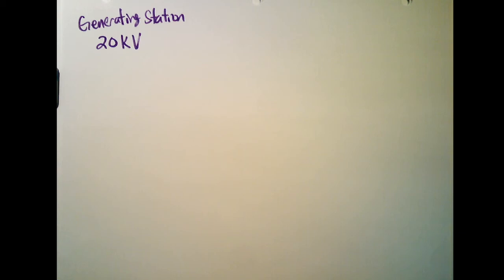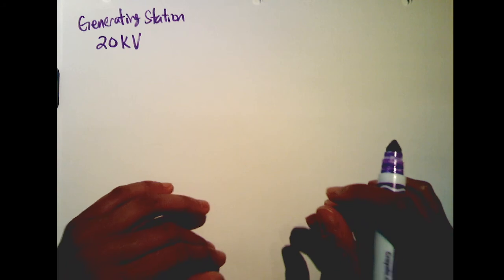And this is where the transformers come in. Okay, so this is how much voltage from your generating station. And what they've discovered is that if you actually increase the voltage in your wire and decrease the current, you'll be able to transmit more power. There'll be less power loss.